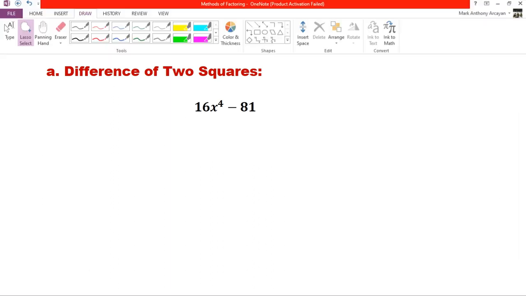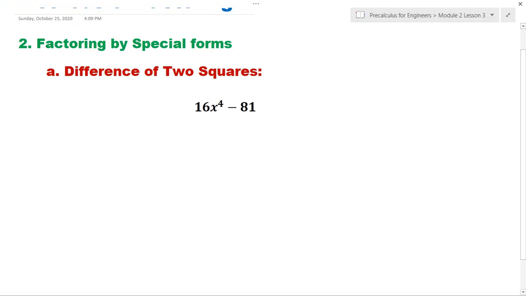As you can see, we can change or transform 16 into 4 squared. So we can write this as 4x squared. Diba class? The same lang. Kasi if we distribute it again, the resulting answer is 16x to the fourth. How about for 81? I can write here as 9 squared.